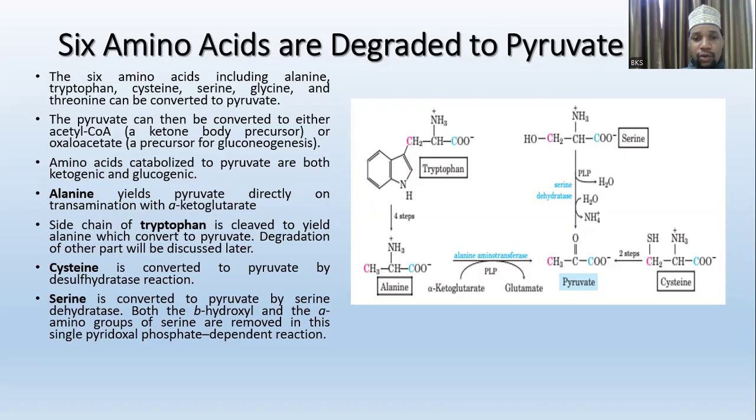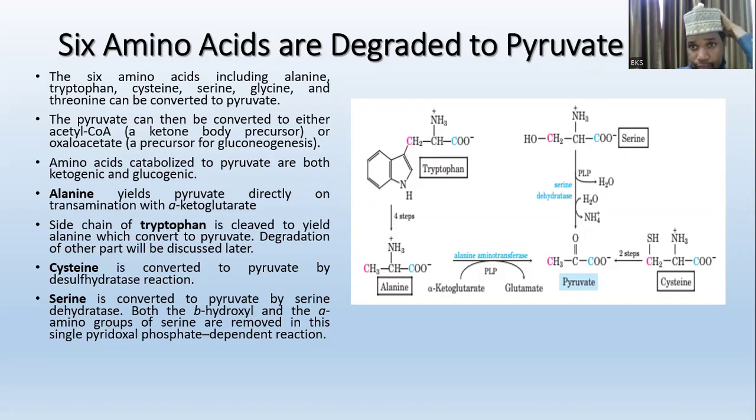I wanted to give all the step-wise reactions, how this is done. But I discovered that these are very confusing steps in the metabolism of tryptophan. So I decided just to use this that was used by Lehninger, which will make things easy for you.